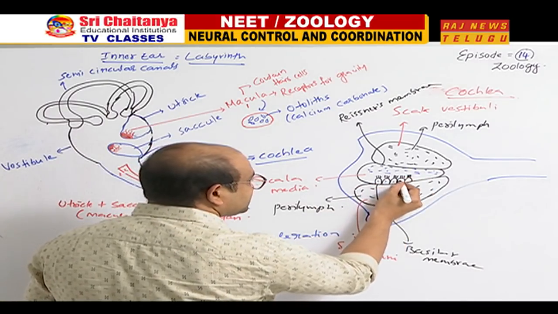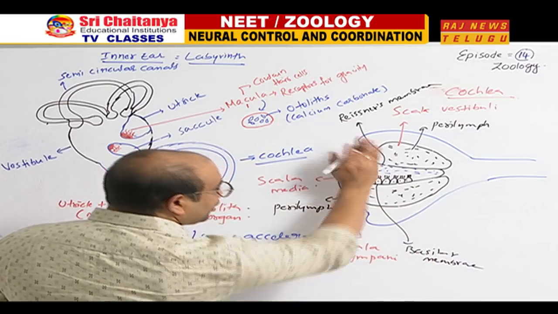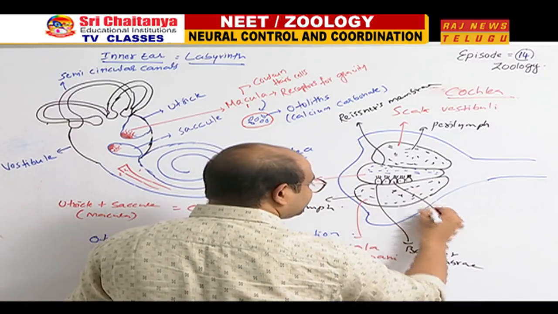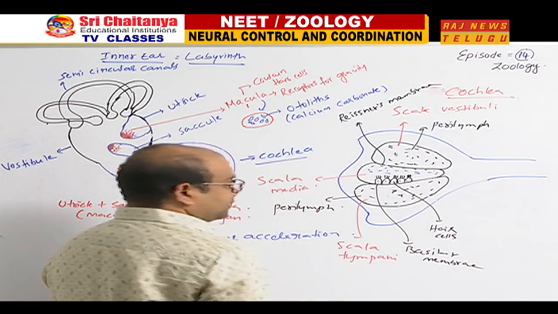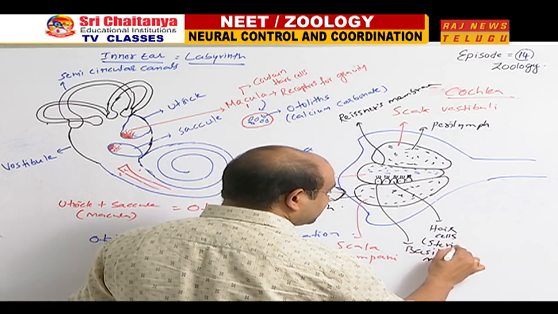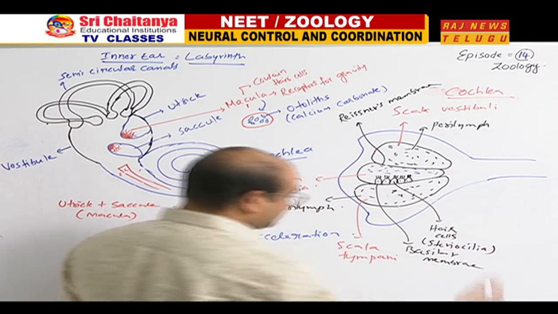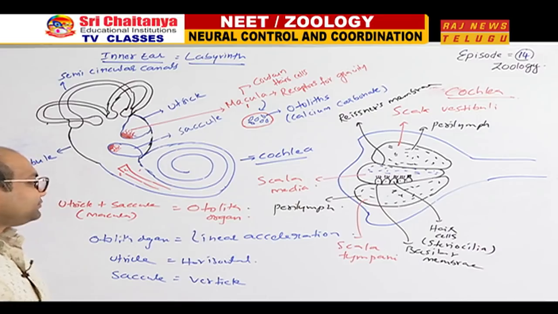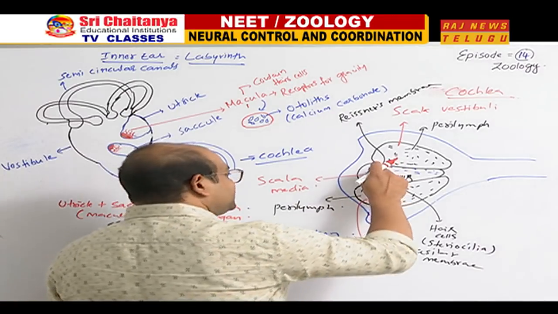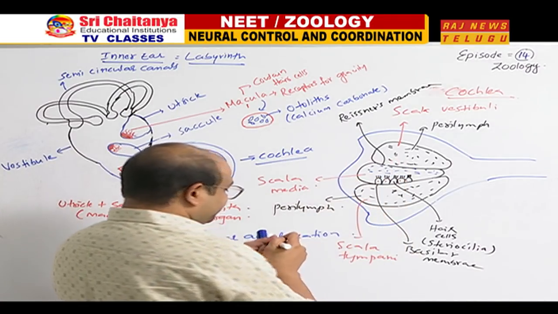So, these are hair cells. Hair cells are located on the basilar membrane. And hair cells are having stereocilia, nothing but hair.